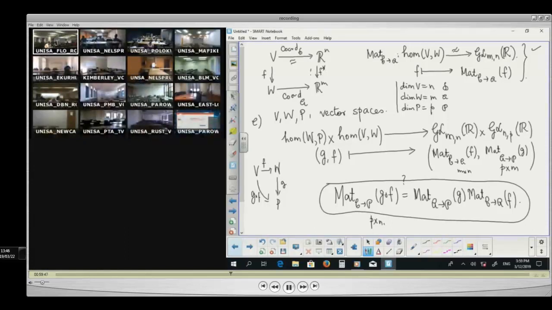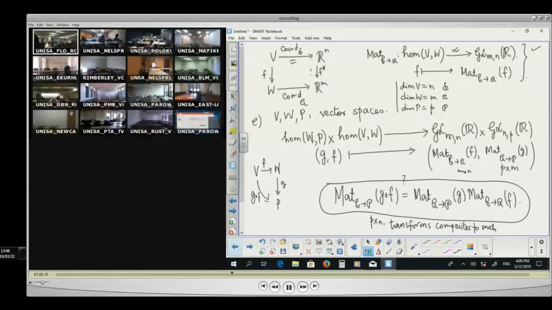So, this transforms composites to matrix multiplications. That is what the formula is telling us.